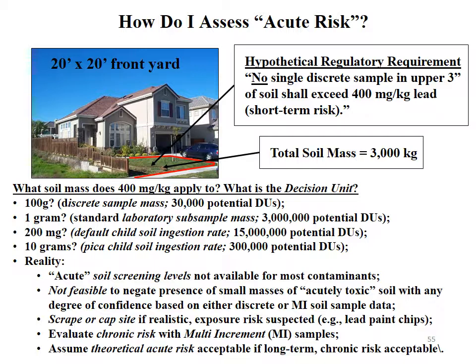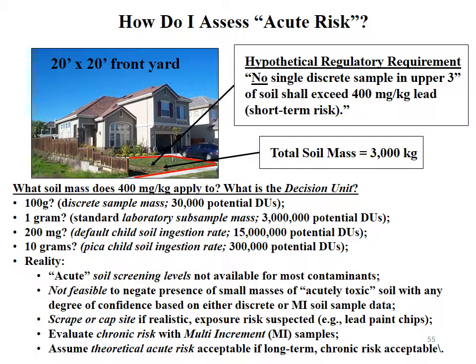So let's say there's a hypothetical regulatory requirement. This is actually real. I won't name the state. And it was reasonable to think of. There's nothing wrong with it. The requirement was that no single discrete sample in the upper 3 inches of soil in a residential yard shall exceed 400 milligrams per kilogram lead due to short-term risks.